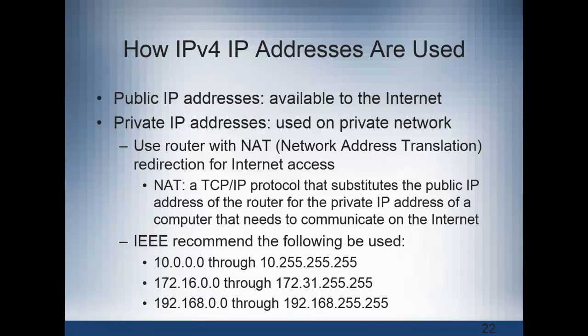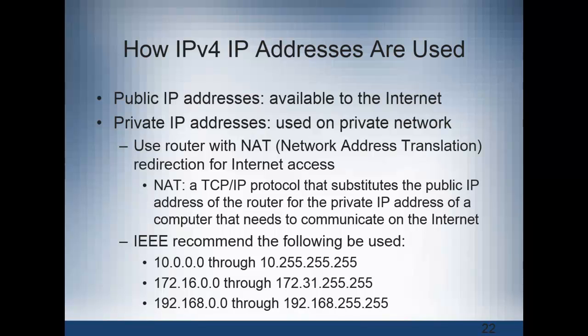The IEEE recommends that we use the following IP addresses for our private networks: 10.0.0.0 through 10.255.255.255 for Class A, 172.16.0.0 through 172.31.255.255 for Class B, and 192.168.0.0 through 192.168.255.255 for Class C. So when we have our own private networks, those are the ranges we should use.